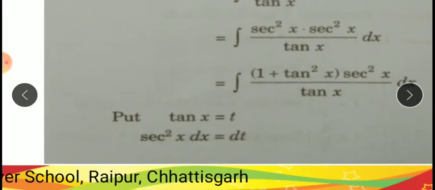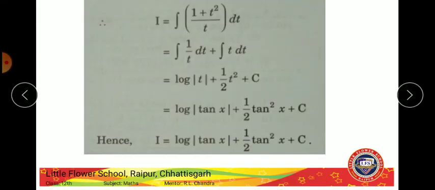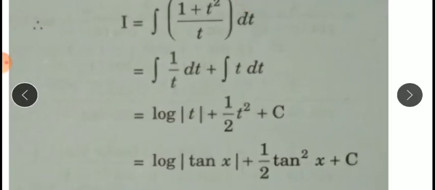Once again, put tan x is equal to t, differentiation of tan x is sec square x dx is equal to dt. Substituting value, I is equal to integration 1 plus t square upon t.